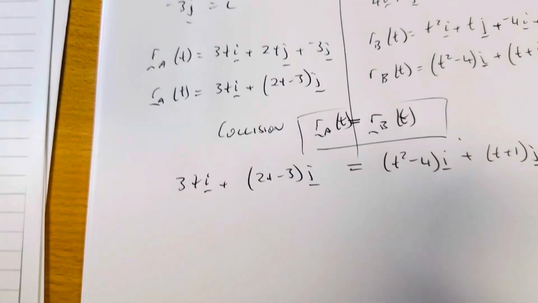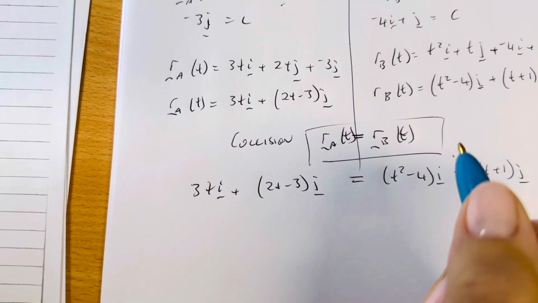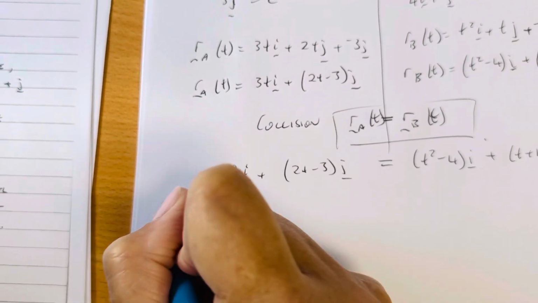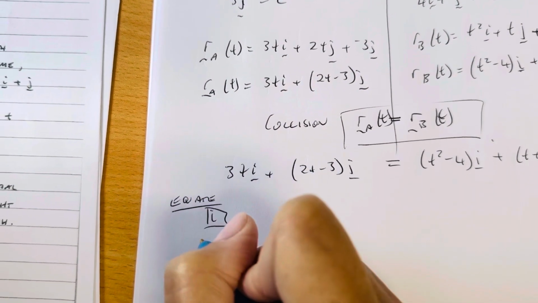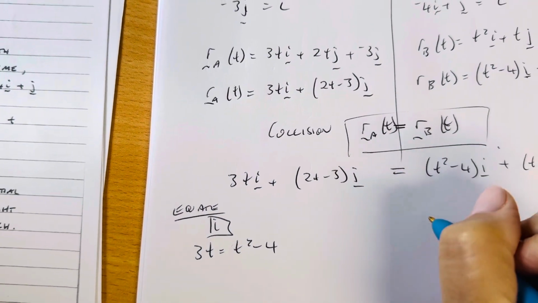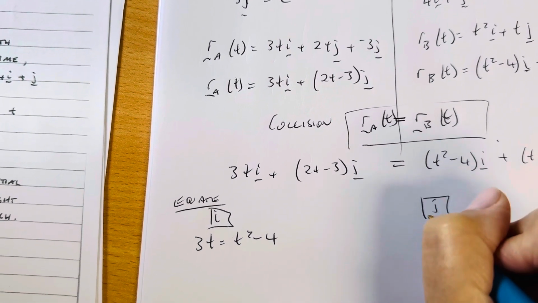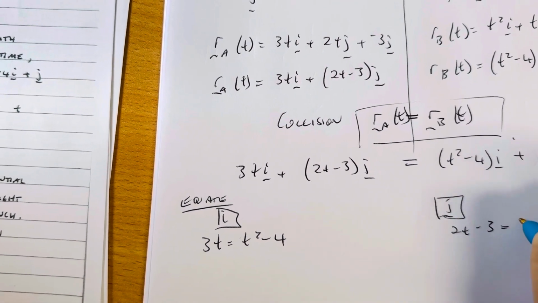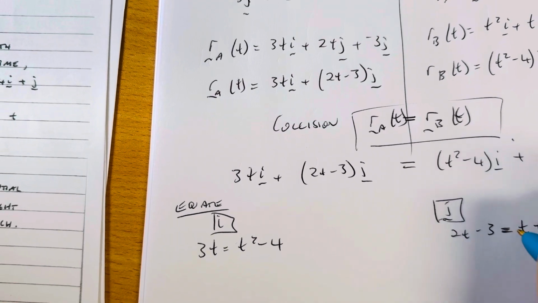So I'm going to now equate the i's. That means 3t equals t squared minus 4. And if I equate the j's, I get 2t minus 3 equals t plus 1.